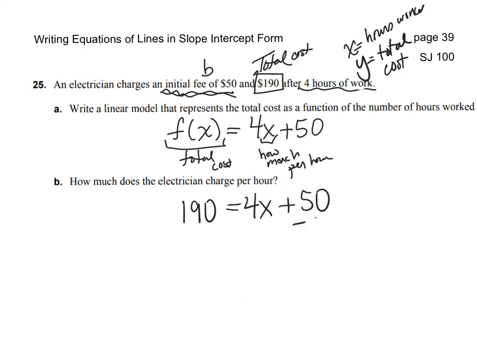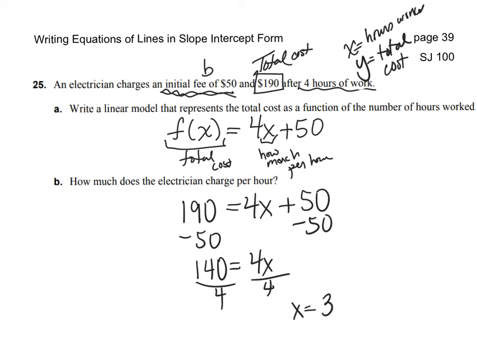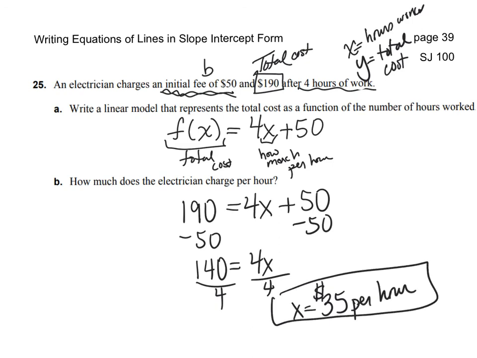I'm going to subtract 50, 140. I'm going to divide by 4. So x is going to equal 35. 3 times 4 is 12. I think that's right. 35. $35 per hour. That's how much the electrician charges, $35 per hour.